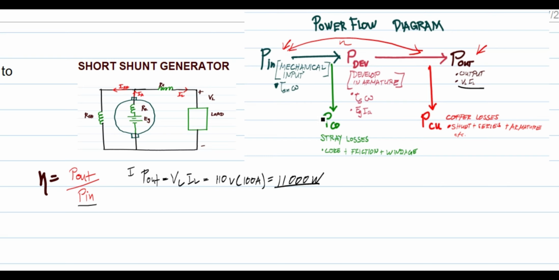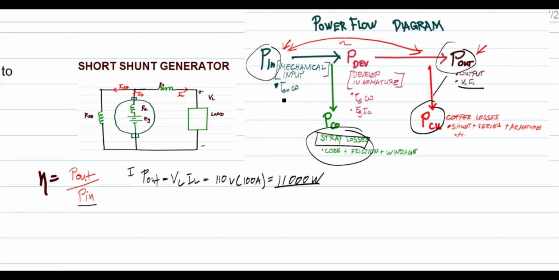Here the stray losses, or the core and friction losses, are already given. If we have the P output, we can simply add the copper loss and the stray loss to get the power input.